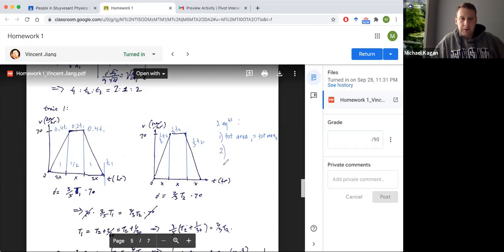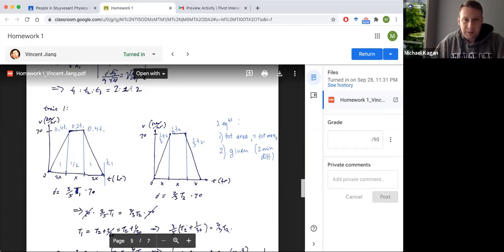And the second equation is just the given fact that one trip is 2 minutes longer than the other. The 2-minute difference. So by working out these two equations, you get all you need. Make sense?